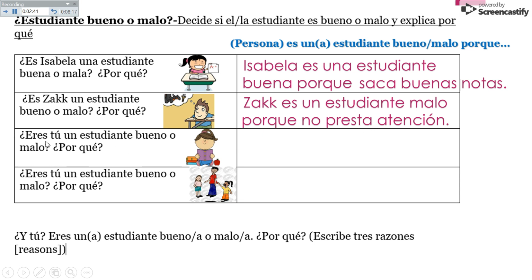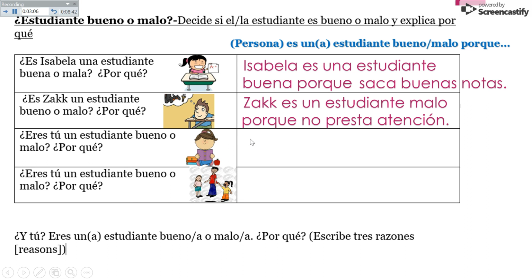Now, the next example is slightly different because it's talking about you. What type of student are you? "¿Eres tú un estudiante bueno o malo? ¿Por qué?" Well, looking at this picture, we're pretending this is you. We're going to say that you're a good student because you're reading this book. So to say that you are a good student, you want to say, I am a good student.